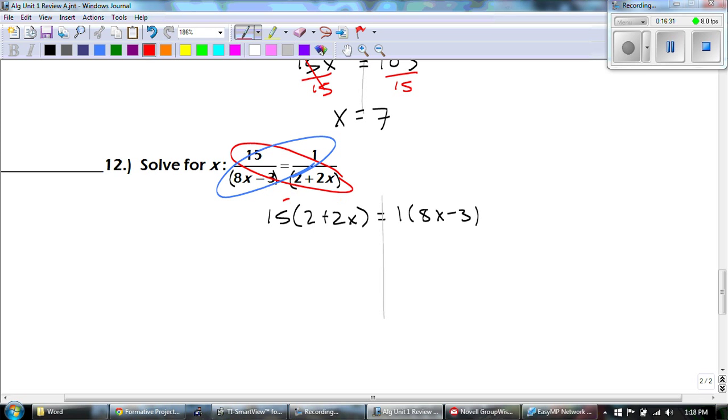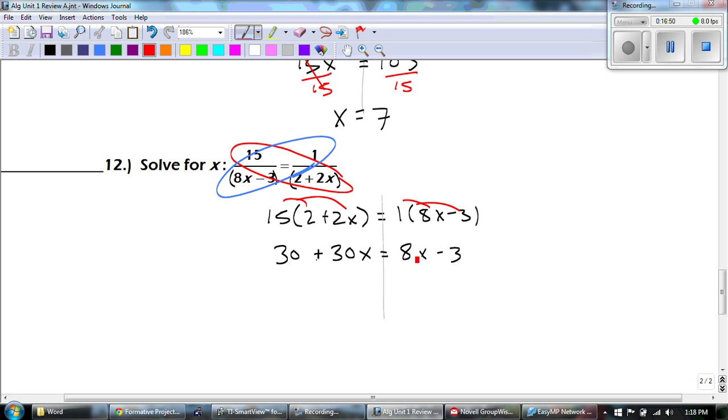Let's go ahead and distribute. 15 times 2 is 30, plus 15 times 2x is 30x this time. On the right side, we're multiplying by 1, so nothing changes. I have 8x minus 3.